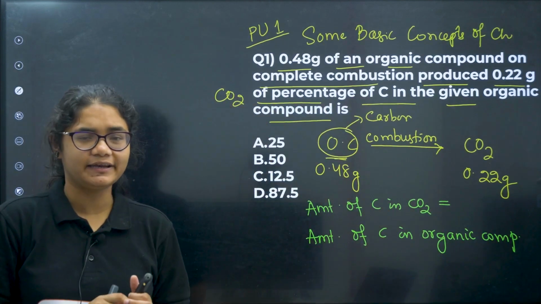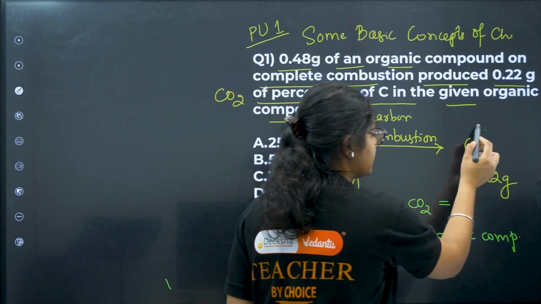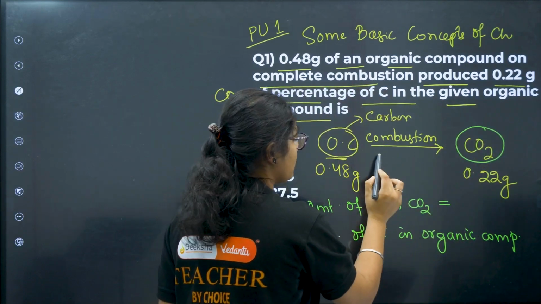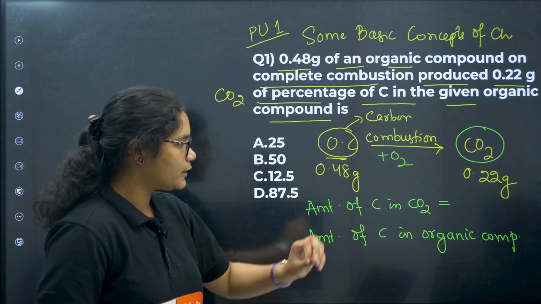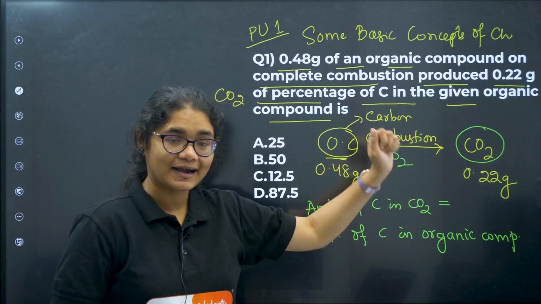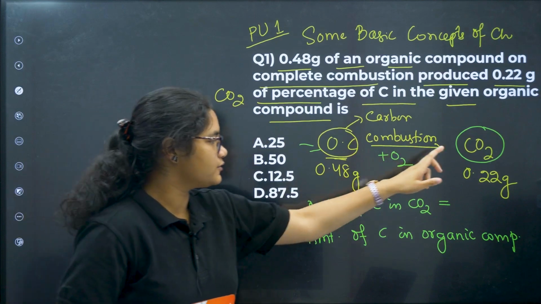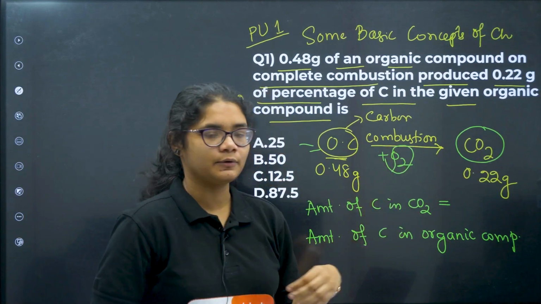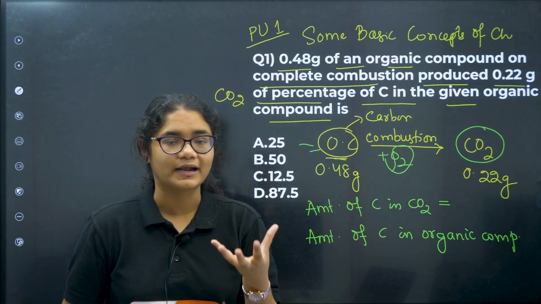Well, it is very logical. Whatever carbon dioxide is being produced, you are adding organic compound plus oxygen to get carbon dioxide, right? So that carbon is definitely coming from this organic compound. The oxygen can come from the oxygen that you are adding, but carbon will definitely come only from the organic compound that you have taken.